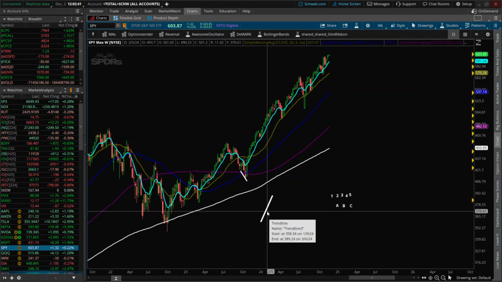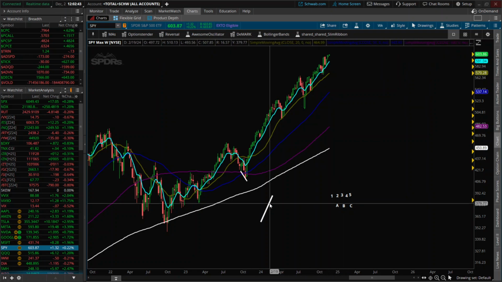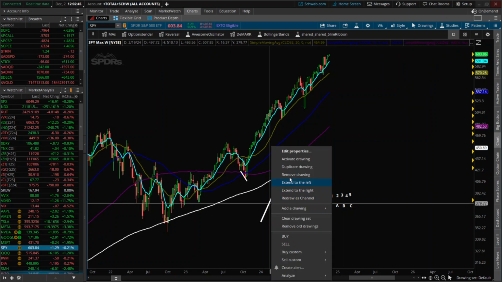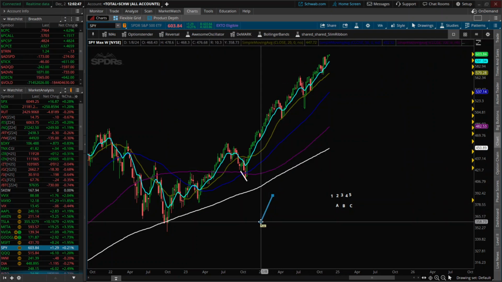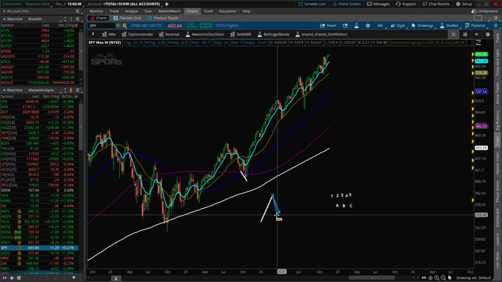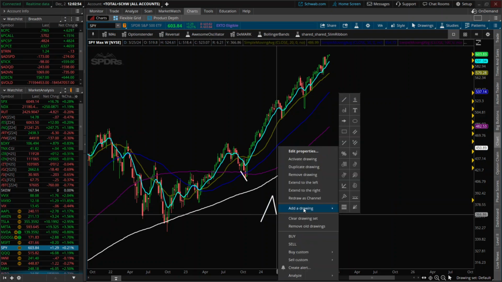But a typical impulse wave with 5 waves is our initial wave 1. You usually get a steep wave 2, but that can be a flat pattern as well.